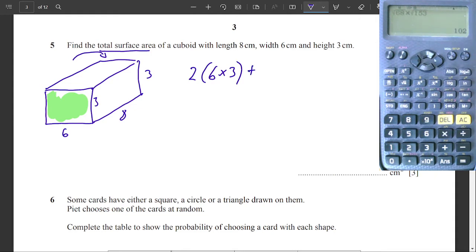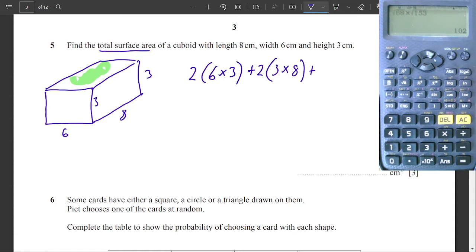To that, we're going to add the next part, which is, let's say, the right hand side there. So that will be 3 times 8. But of course, the left hand side over there is the same. So again, we're going to double it. And then to that, we add the top.